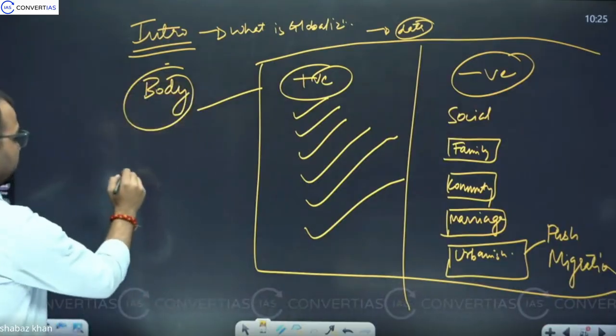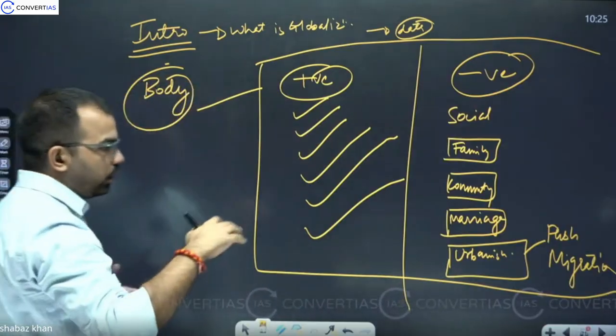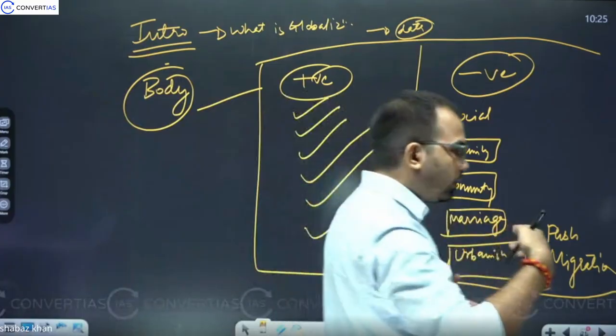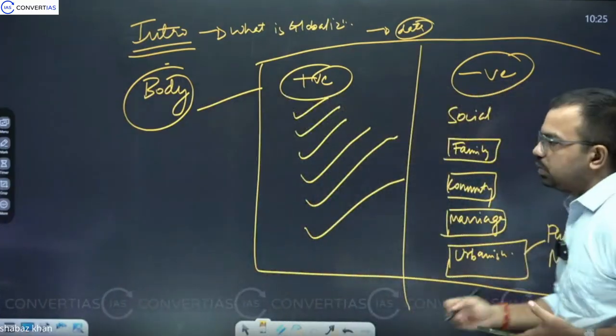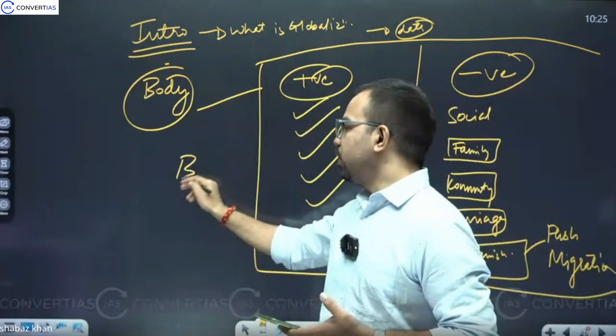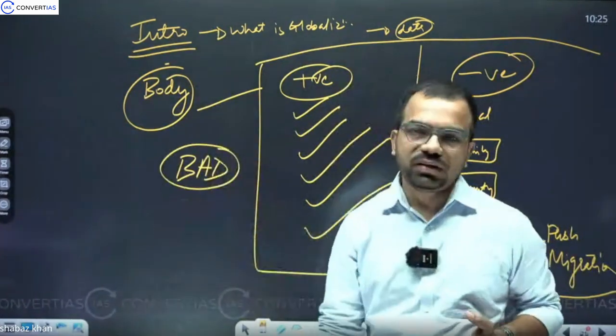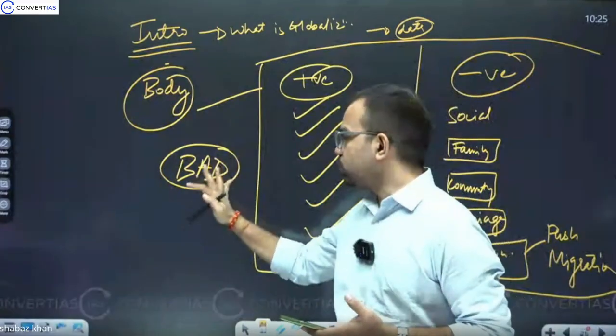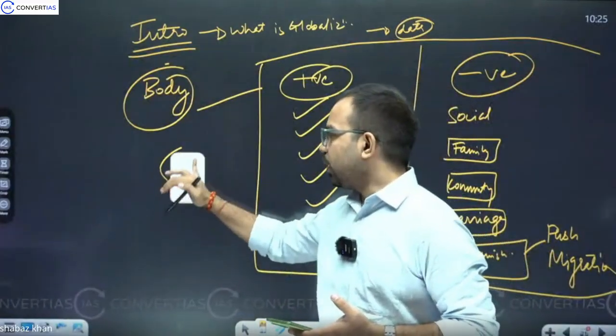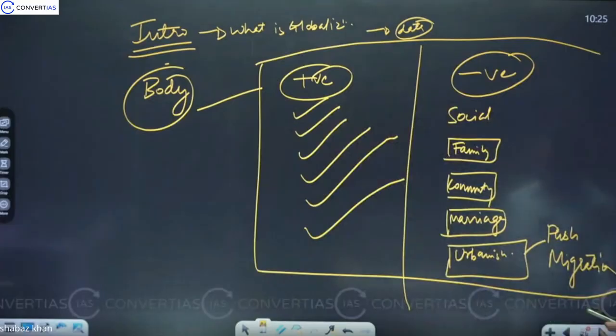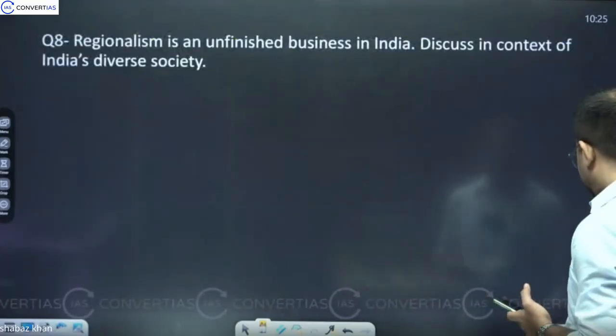Just like there was a bad approach, na? There was a bad approach that we had read before, after, during. There is a very similar kind of approach that applies to the globalization part.